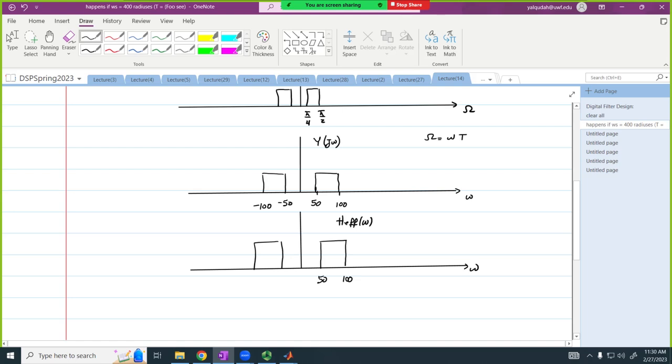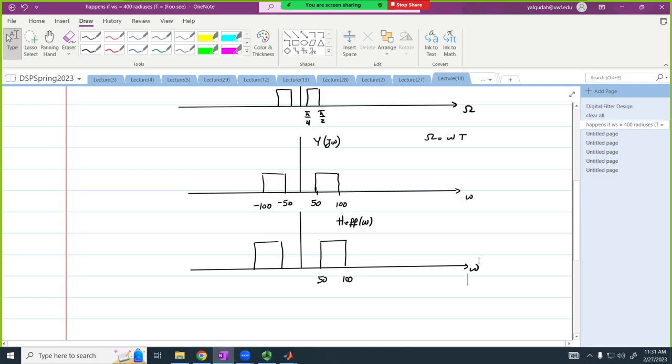Does that make sense, everybody? So once we designed the filter, we wanted to filter the signal that was triangular. We designed the filter for that frequency, for 800 radian per second. If I go and change the sampling frequency, that filter will still work. However, it will be filtering the wrong part of the signal. And you can always know what part it is going to filter by following similar steps, converting to omega and seeing what that effective omega is going to be.